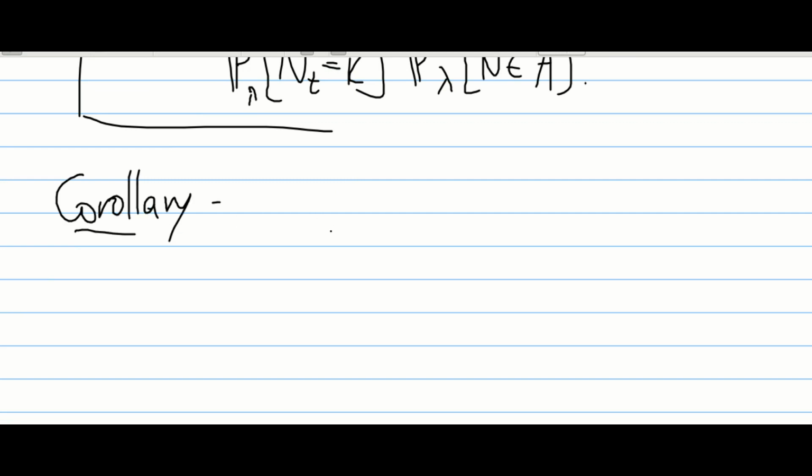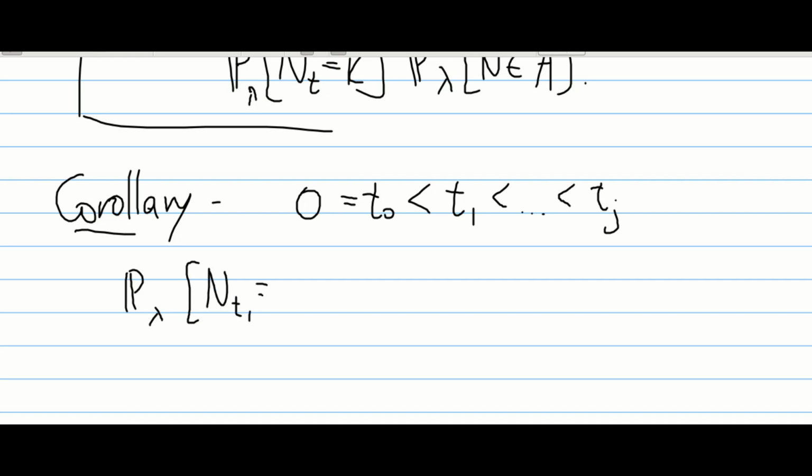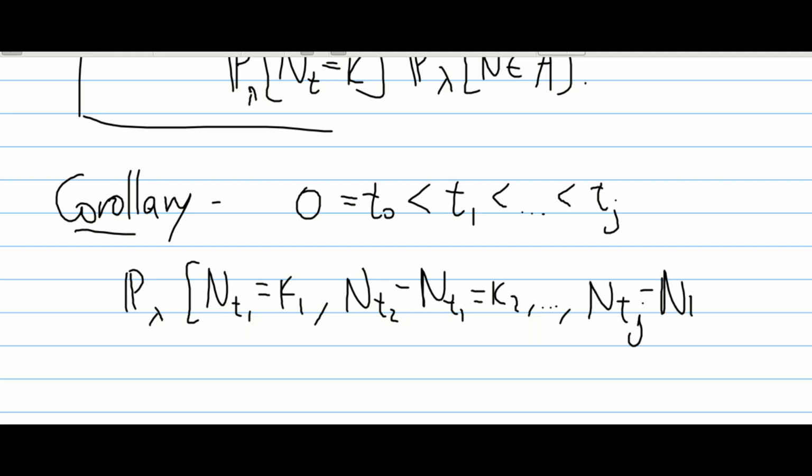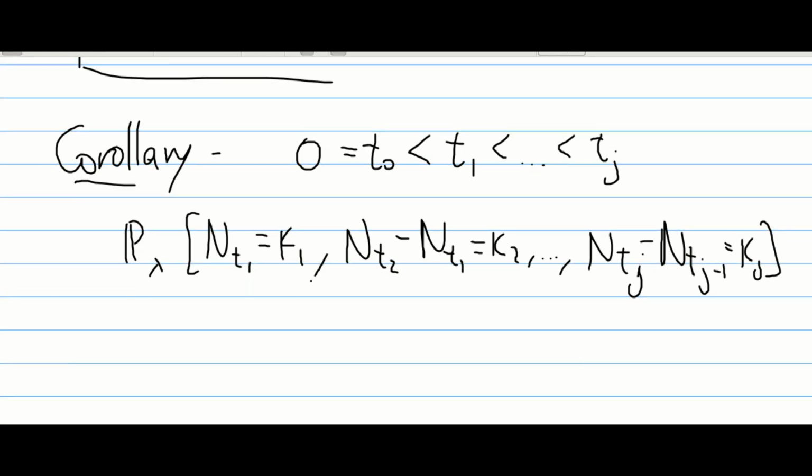What this corollary tells us is that if we break time, let's set t0 equals 0, in a partition like this, t0, t1 until tj, and we count the increments, then the probability that N_{t1} is equal k1, N_{t2} minus N_{t1} is k2, all the way to N_{tj}, is going to break into a product.